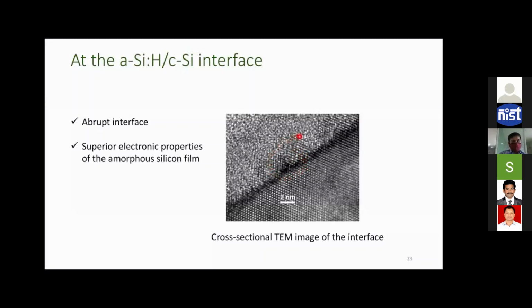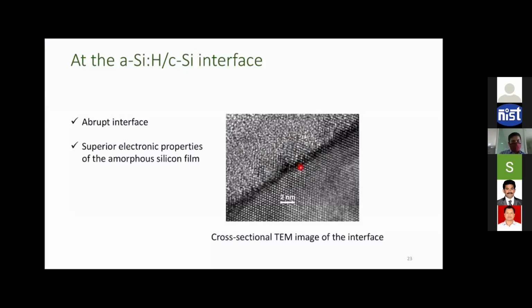This kind of defective mixed phase epitaxy is very detrimental in terms of device performance, because it is not able to passivate the surface dangling bonds. That means again you are losing on your VOC.